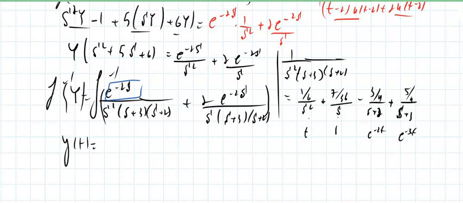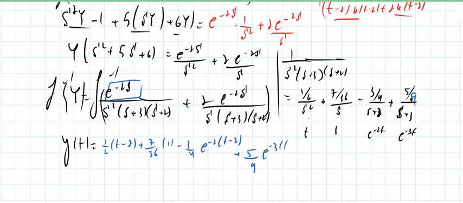So the first batch will be 1 over 6 t minus 2 plus 7 over 36 times 1, minus 3 over 4 e to the negative 2 into t minus 2 plus 5 over 9 e to negative 3 into t minus 2, and all of these are multiplied by u of t minus 2, plus the same deal, but you multiply it by 2.